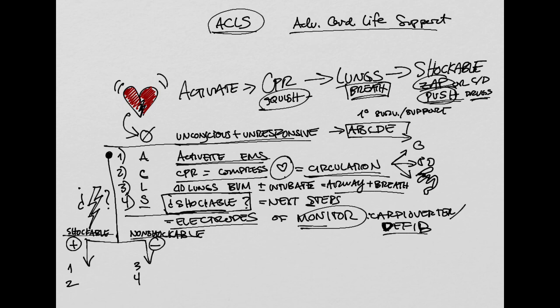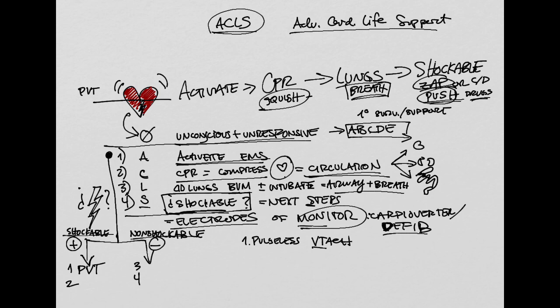So step 1, shockable. The first shockable rhythm is going to be pulseless ventricular tachycardia. Which means it came from above the atria, right? So it's pulseless ventricular tachycardia.